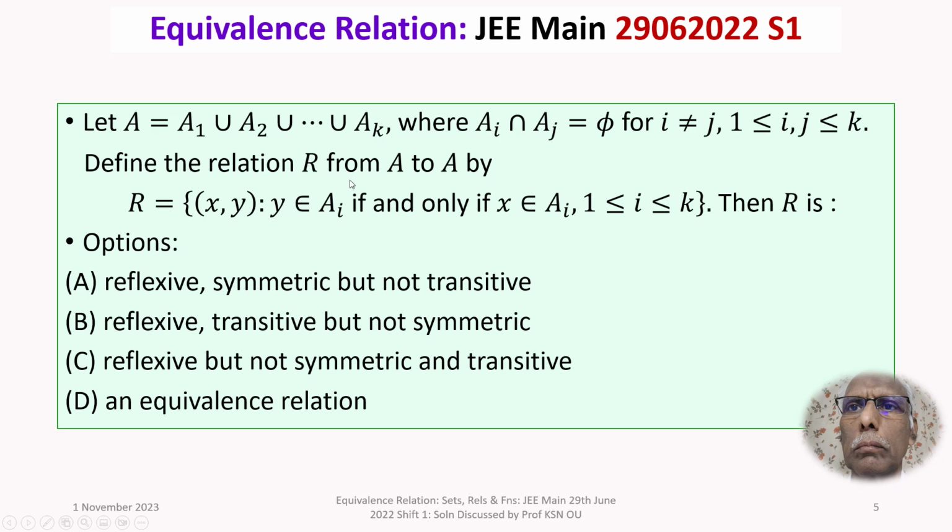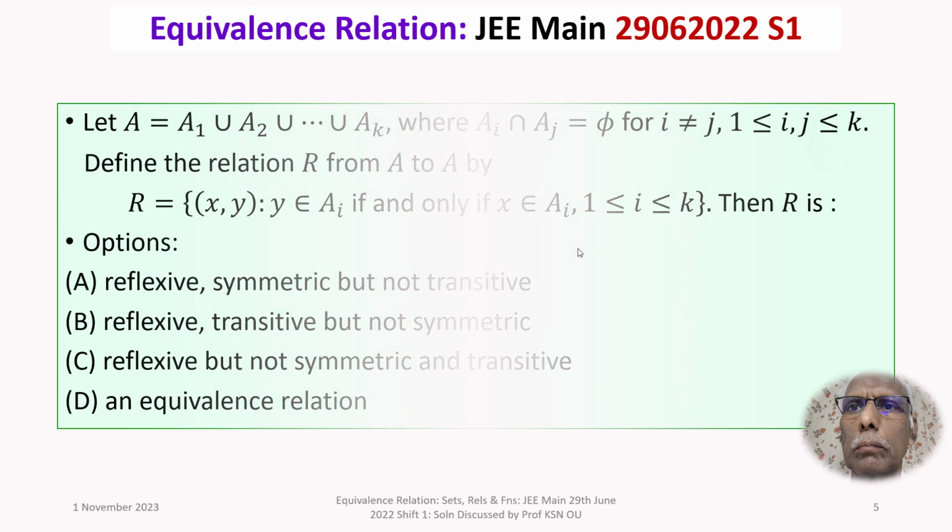R is the relation from A to A defined by R equal to the set of all ordered pairs (x, y), where the second component y belongs to Ai if and only if x belongs to Ai for 1 less than or equal to i less than or equal to K. Then we have to discuss the reflexivity, symmetric nature and transitive nature of the relation R. That we do in the next slides.